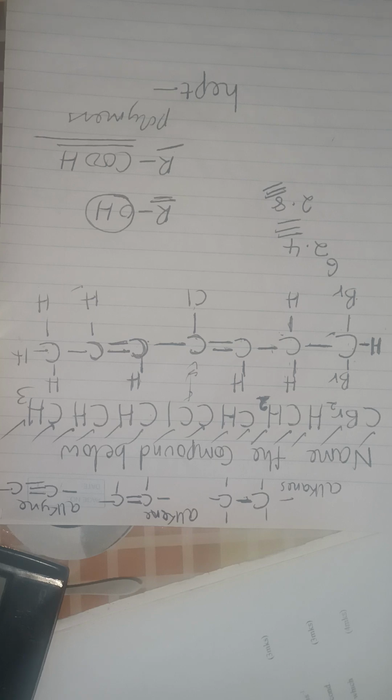Then of course we have double bonds, so it must be something hept then ene. We have 2 double bonds, so let's look at their position. We have 1, 2, 3, 4, 5, 6, 7, so 7 carbon atoms, and we can derive its parent name as hept.